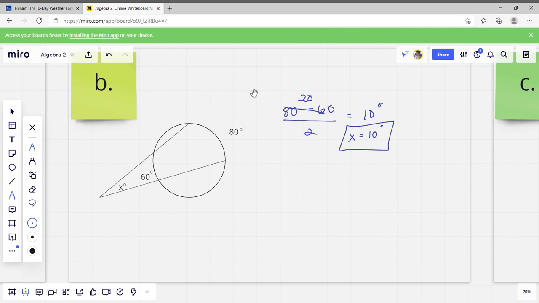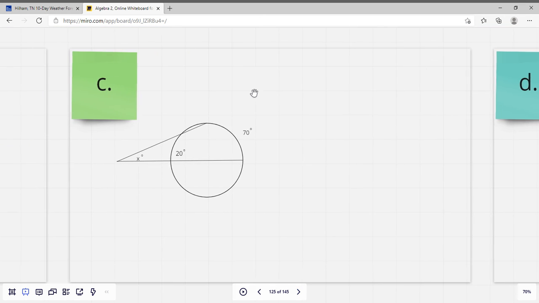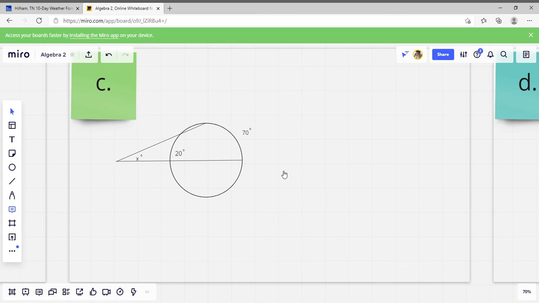All right. C, they're outside the circle, so we're going to subtract. We've got 70 minus 20 divided by 2. That would be 50, and half of 50 is 25. So x equals 25 degrees.